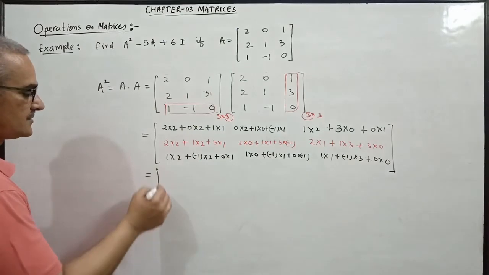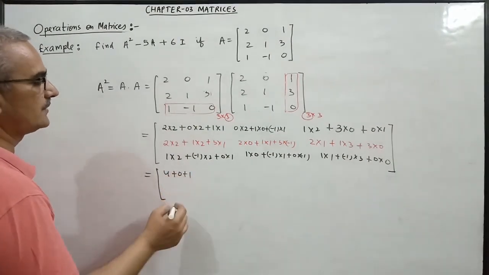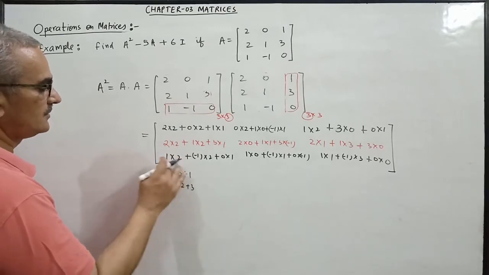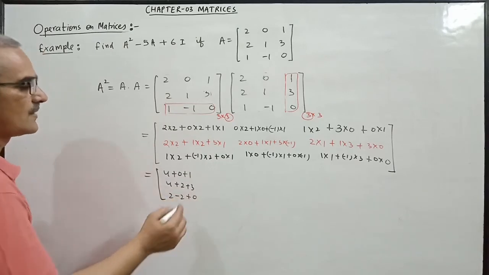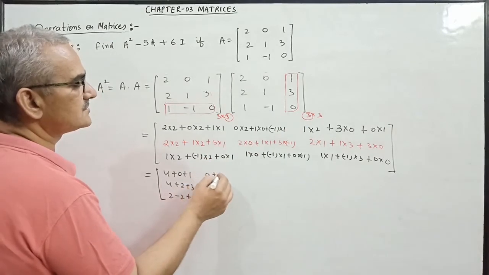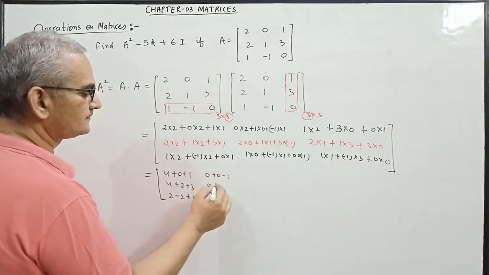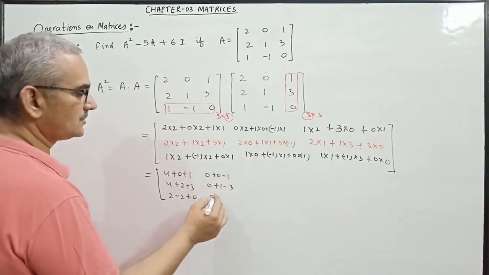Now we write that 2 2s are 4 plus 0 plus 1. 2 2s are 4 plus 2 plus 3. In this way you can write 2 minus 2 plus 0, and here 0 2s are 0 plus 0 minus 1. Here we have 0 plus 1, 3 into minus 1 is minus 3, 1 0 is 0.